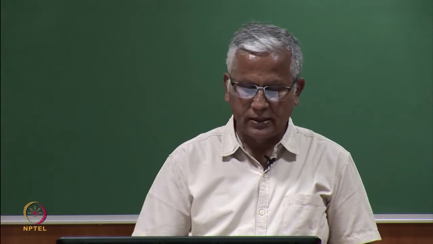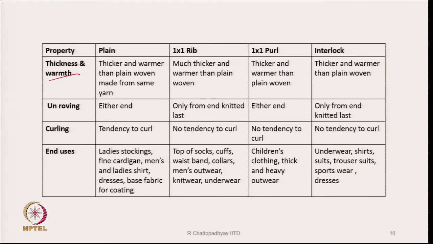The other comparisons are in terms of thickness and warmth, unroving capability, curling tendency, and end use. Some end uses are also stated here. You can see that thickness wise some look much thicker, and the thicker the fabric, the warmer it will be. So, some thick fabrics are always warmer.